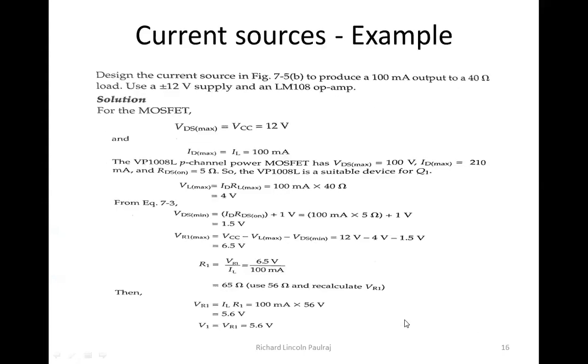Then we looked into a problem and saw how to apply the formula. The best thing we looked into was having a standard p-channel MOSFET and utilizing those values. So this was looked into previously.